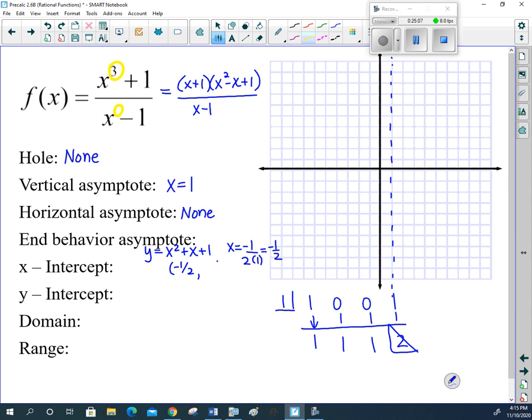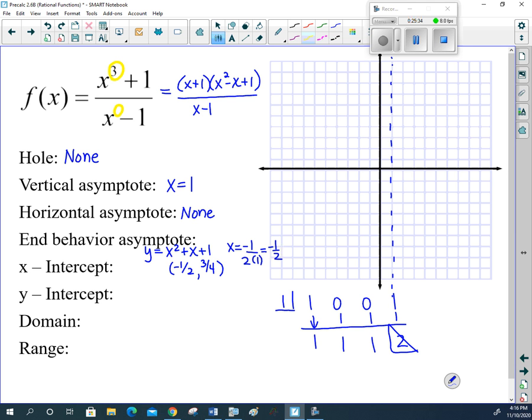Now I'm going to plug negative one half in and see what my y value is. Negative one half squared is 1/4, then minus 1/2, and then we add 1. So 3/4. All right, so we're here at negative one half and 3/4.